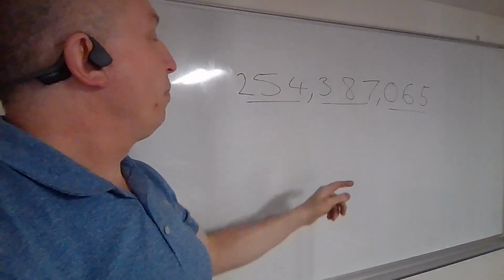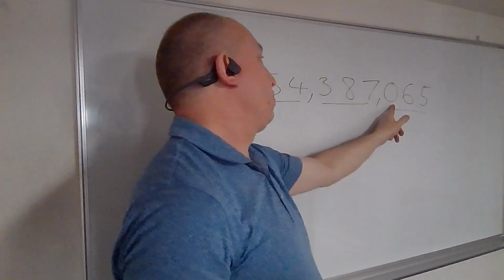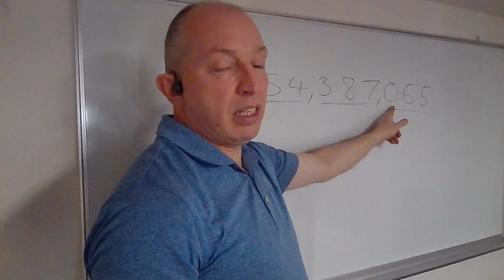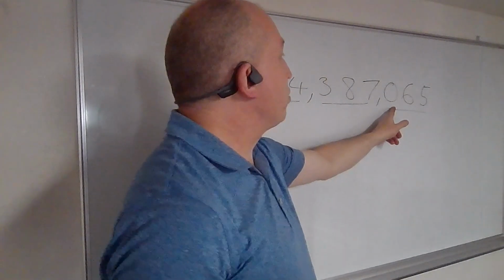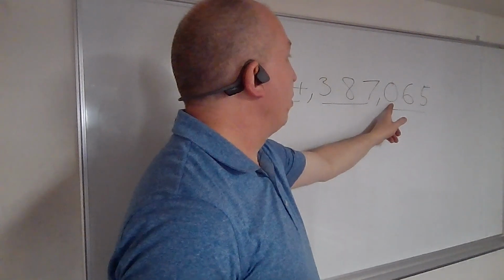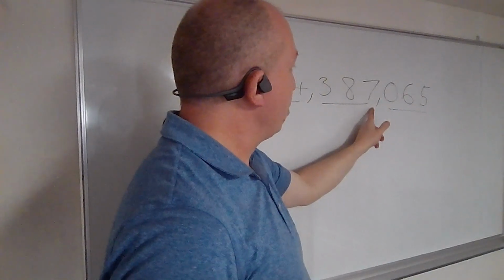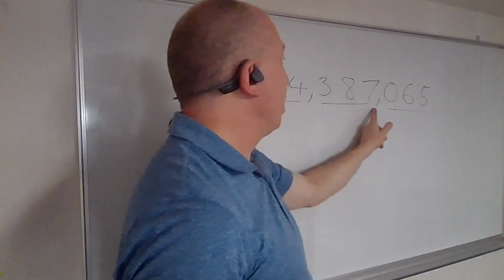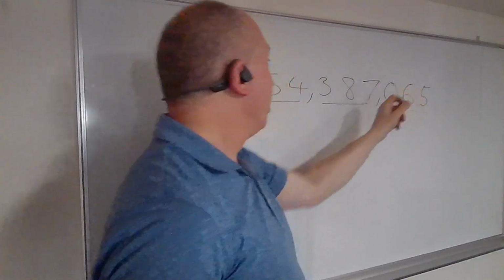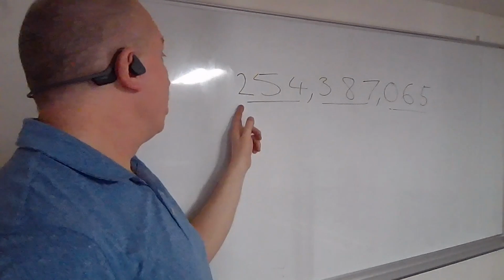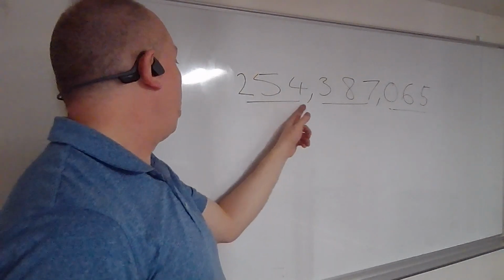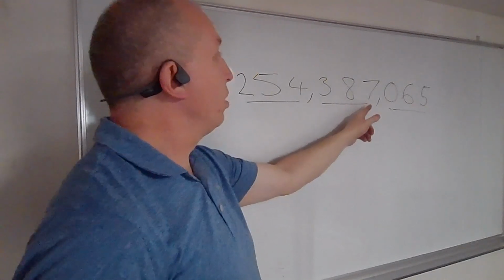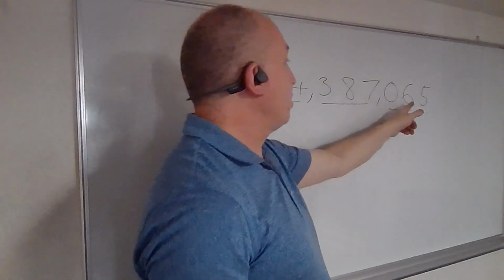The difference here is that we have a 0. So, we don't say 0,165. We just forget the number. We'll say 7,065. So this complete number is 254,387,065.